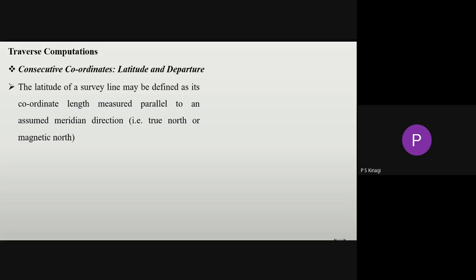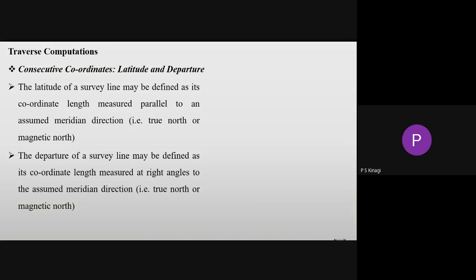Similarly, the departure of a survey line is the coordinate length of the line measured at right angles to the assumed meridian. It is called the departure of the line.